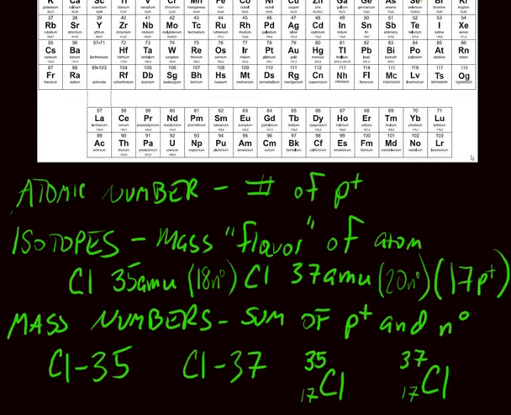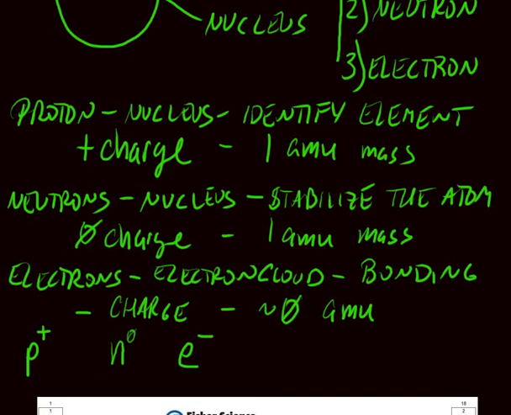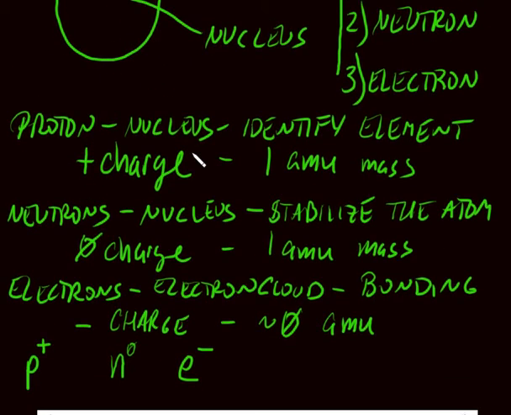Now, before I end this video, I'd just like to touch base on one little aspect of atoms. By definition, atoms must be neutral. So let's think about what gives us charge in the atom. Protons give positive charge, neutrons don't give any charge, but electrons give negative charge.